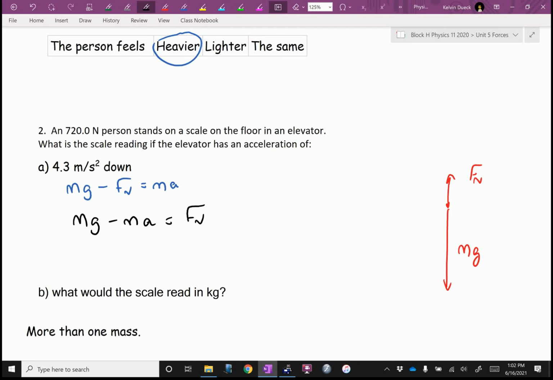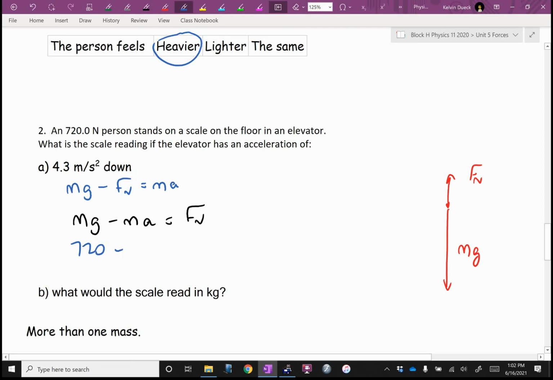Okay? Wait a minute. Ready? I'm going to ask you almost the same question. What's mg exactly as a number? No, that's an acceleration. What's mg exactly as a number? 720. That's mg. That's what I gave you. So I would be lazy and I would actually just say, you know what? It's that.